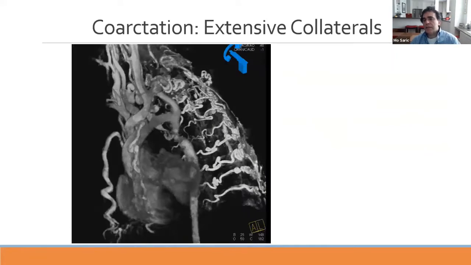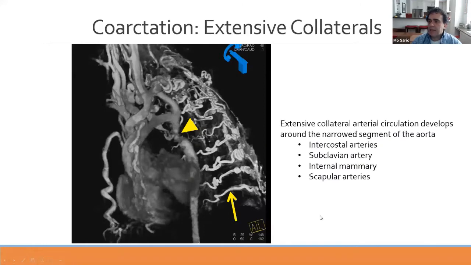However, if coarctation is significant and if enough time has passed, the patients will develop extensive collaterals around the obstructions. The big arrow points to the coarctation, while the other arrow points to the extensive collaterals, including intercostal arteries, subclavian artery, internal mammary, scapular arteries.